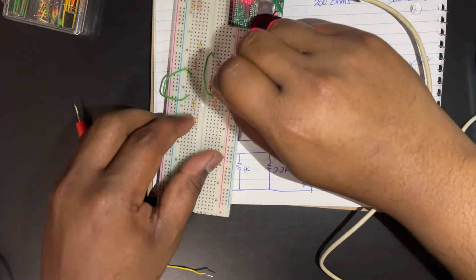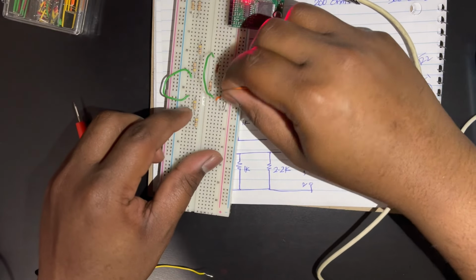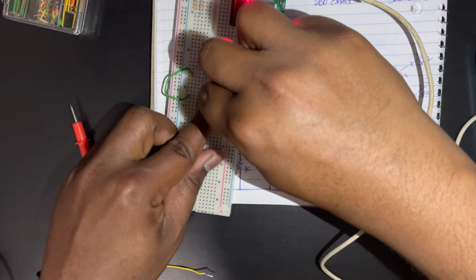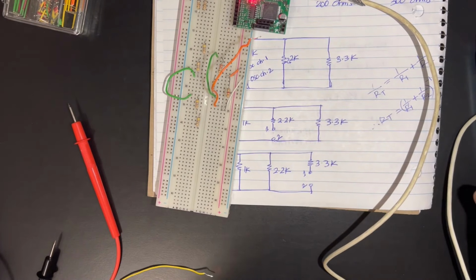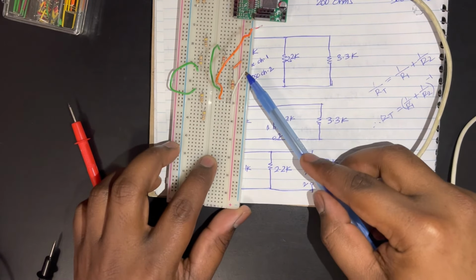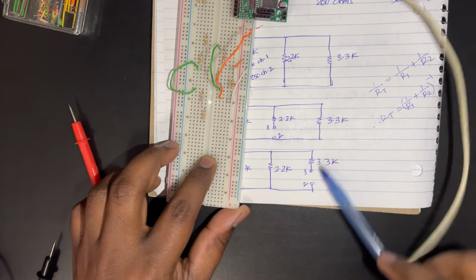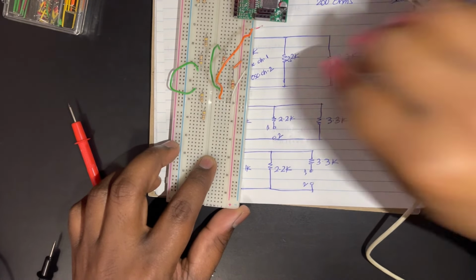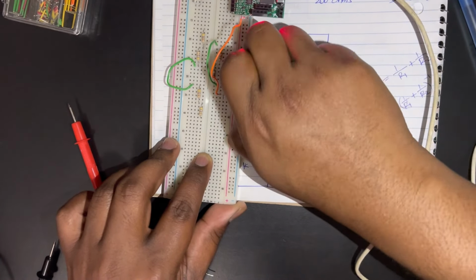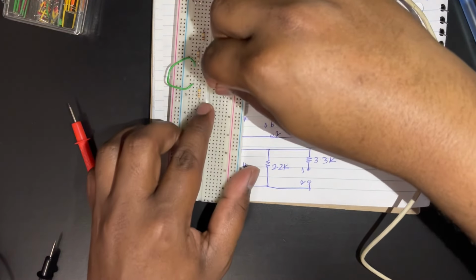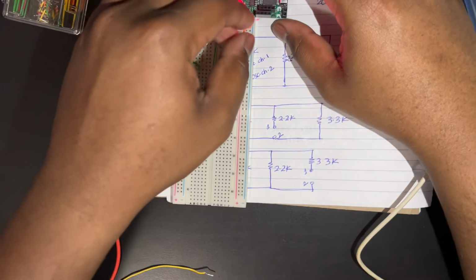Oscilloscope channel 1, so see, for my circuit I connected the ground across this one, so I'll have to take that one off too, right? Now I connected oscilloscope channel 1.